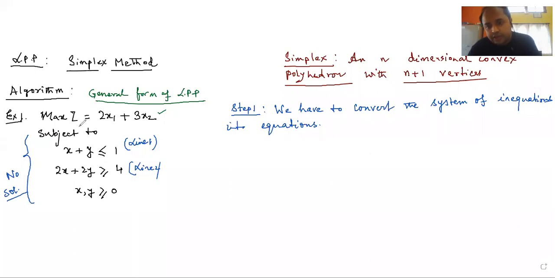Okay, so for this, what we have to do is that in the place where lesser than inequality symbol is there, what does that mean? It means that the left hand side of the inequation is less than the right hand side of the inequation. So right hand side is heavier and the left hand side is lighter.